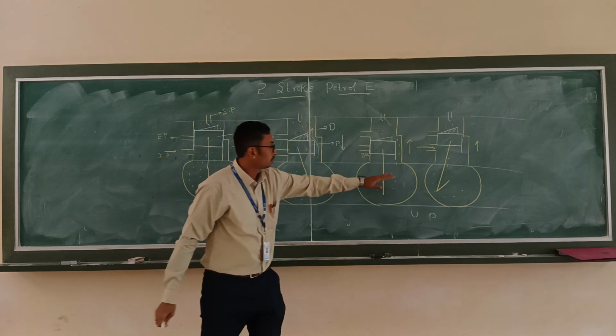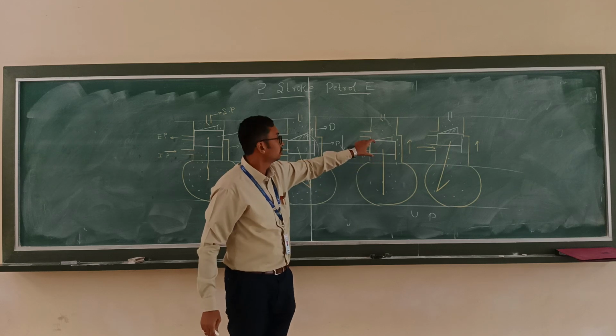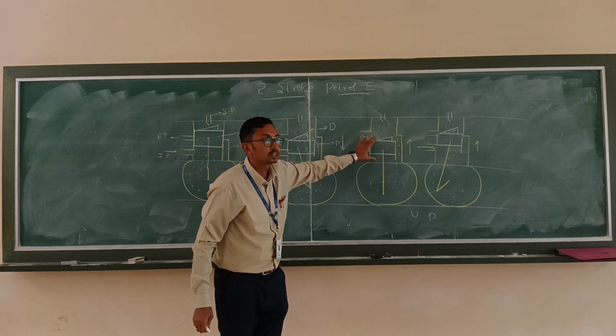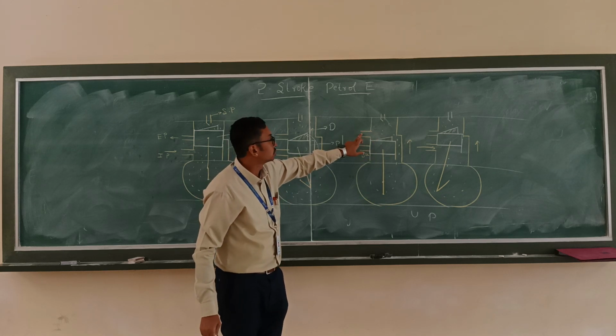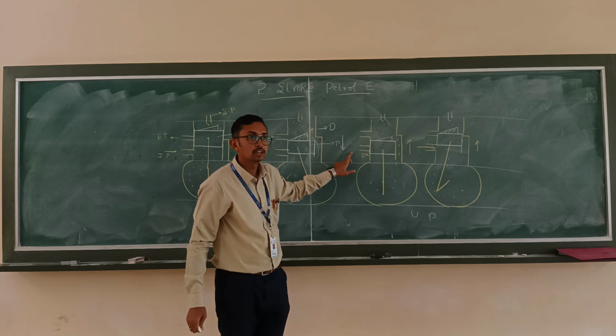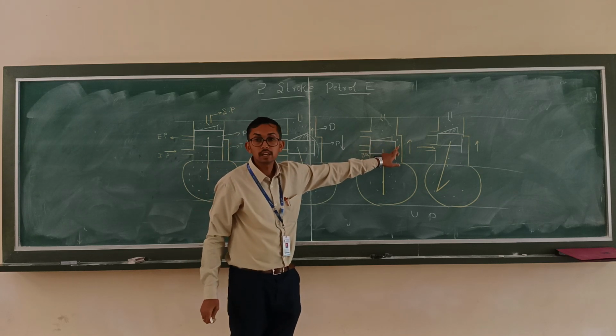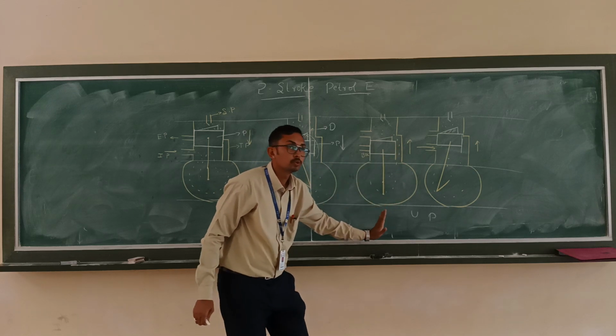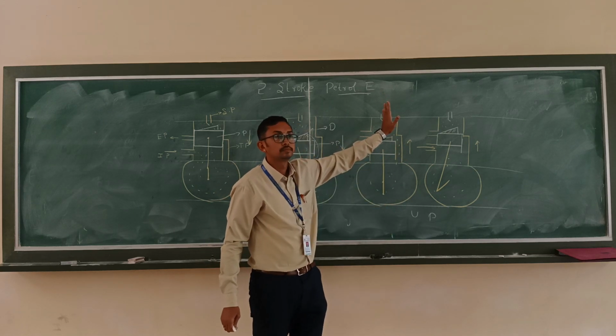In the upward stroke, the first stage tells you about when the piston is at the bottom dead center. When the piston is at the bottom dead center, the exhaust port will be open, the inlet port will be closed, and the transfer port will be open. Now the piston is going to move upwards.